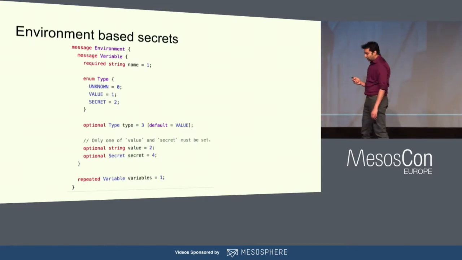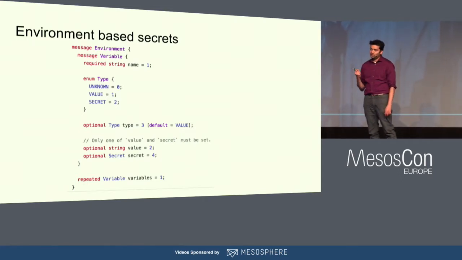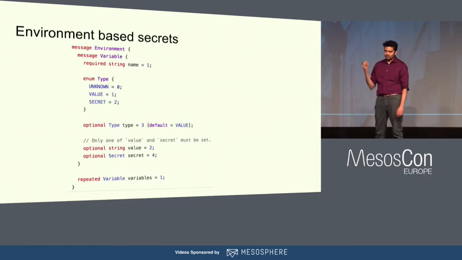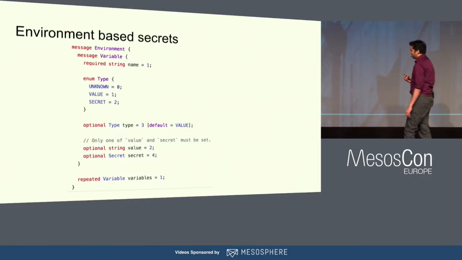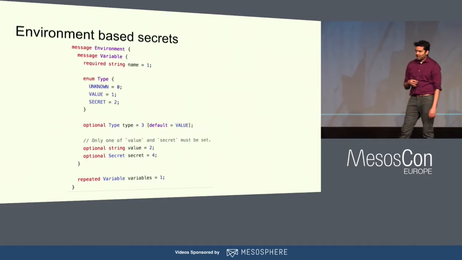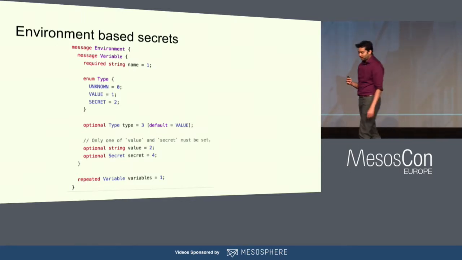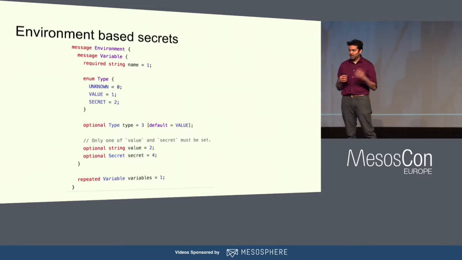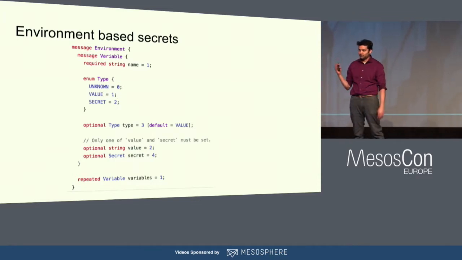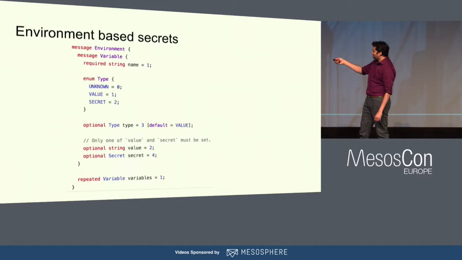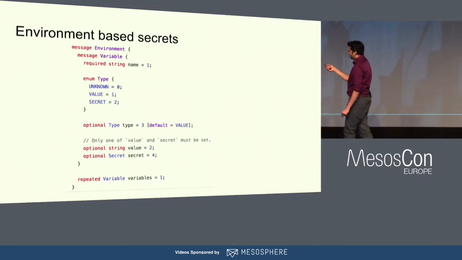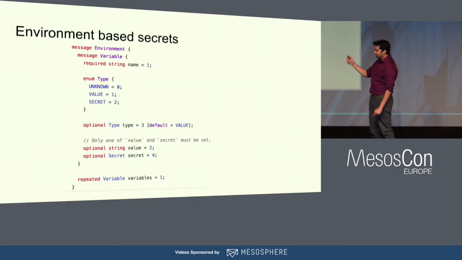The next use case was how do we pass application secrets as environment variables? For this, we extended our environment protobuf. We already had this environment protobuf in Mesos, which lets you pass arbitrary environment variables from the framework to the tasks. Previously, we only had what we call value-based environment, where you set a key and a value, both as strings. But we extended it to actually allow the value to be a secret.